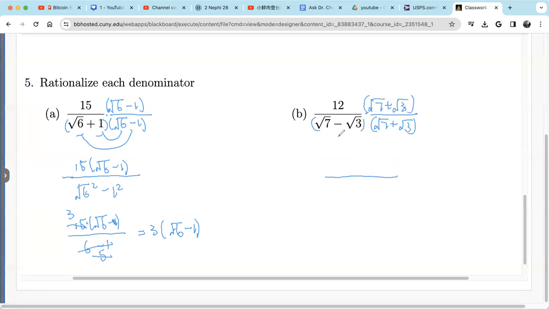So right away, in the denominator, we get the first one squared, which is 7, minus the second one squared, which is 3. The numerator will have 12 times square root 7 plus square root of 3. Well, 7 minus 3 is 4. 4 goes into 12 3 times. So we have 3 times square root of 7 plus square root of 3. And that's it.